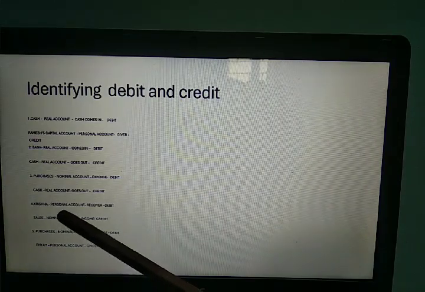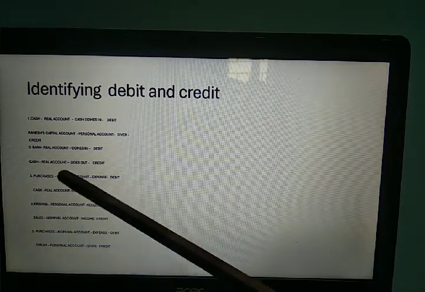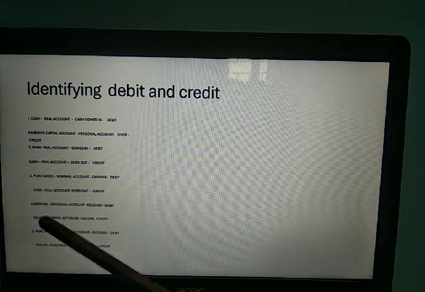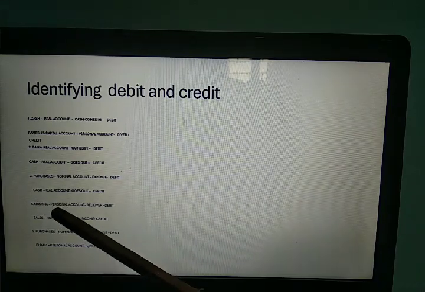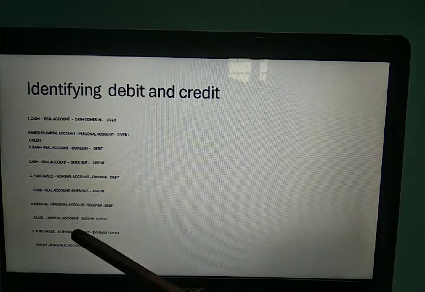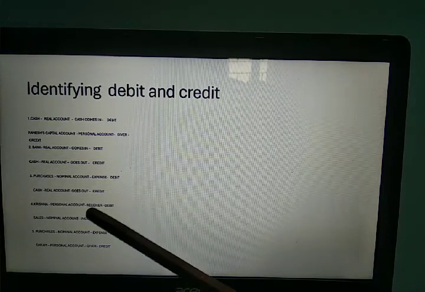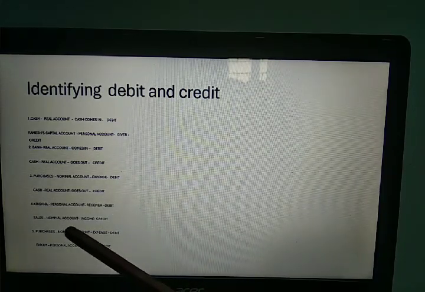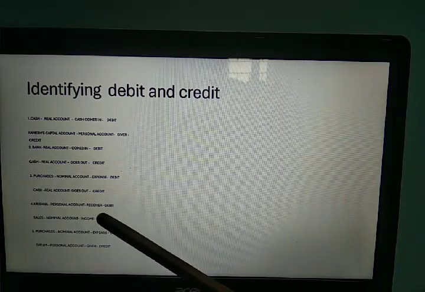Now you are selling some goods to Krishna. Earlier slide we have given. See, there will be two sides, one is Krishna, one is sales. Krishna, an individual, is a personal account. He is the receiver of benefits when goods are sold, and receiver of benefit is debit. And sales, a nominal account, income, is credit.